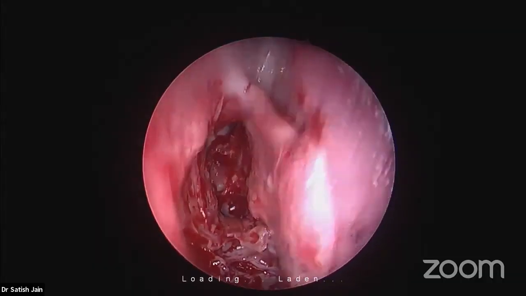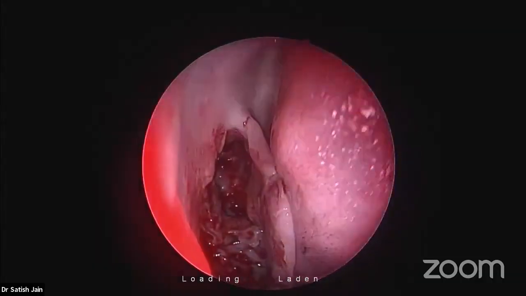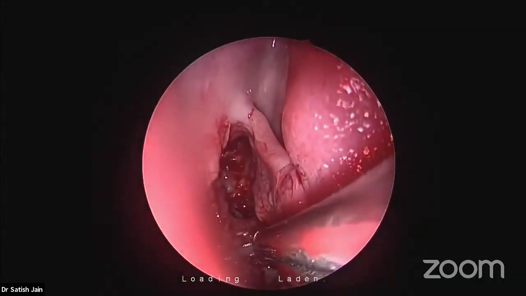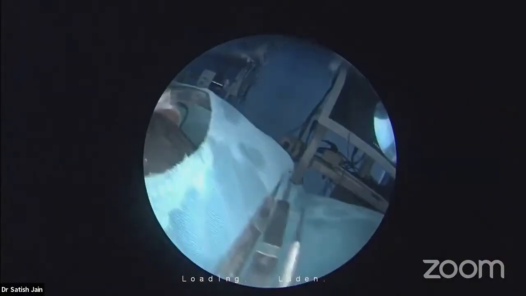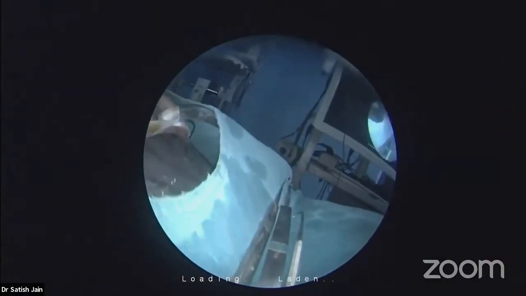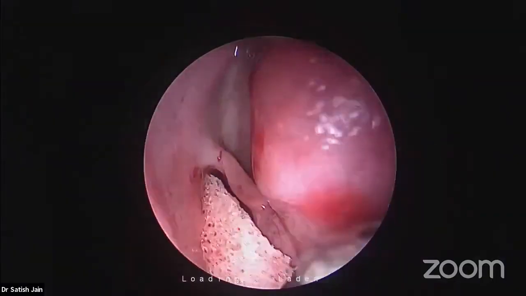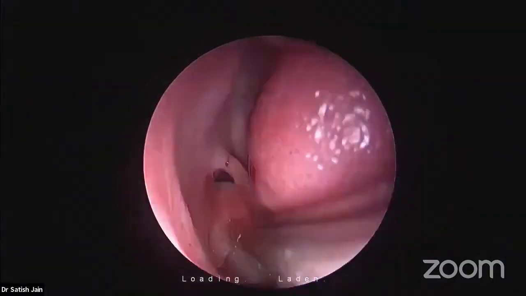Sinus surgery means functional endoscopic sinus surgery, and that function is served by the mucosa. If you remove the mucosa, it is not FESS, that is mess. Always preserve the mucosa, otherwise you don't preserve the function.